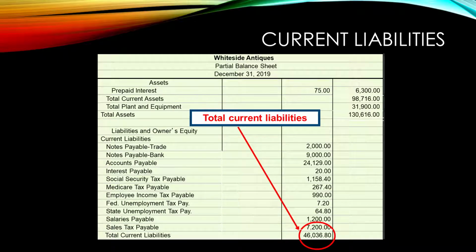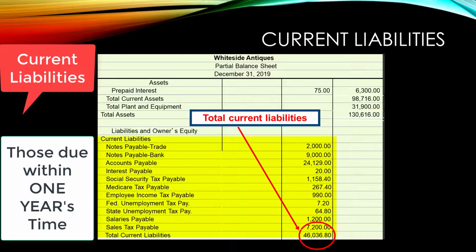On this slide, you'll see all the different current liabilities that we have learned about over the course of the semester. Current liabilities, by definition, are those liabilities which will be paid off within 1 year's time.